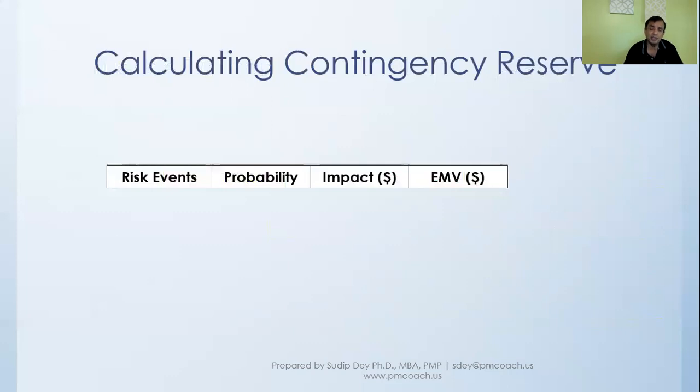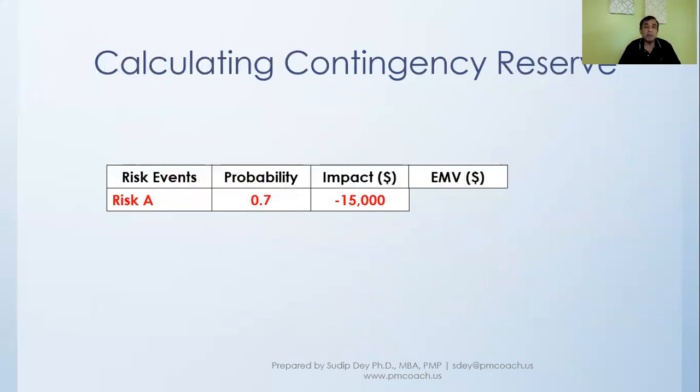So the way it'll work is like this. Let's say we have a risk A, and we determined that risk A has a probability of 0.7, or 70%. And it will have a negative impact, which we are saying is minus $15,000.